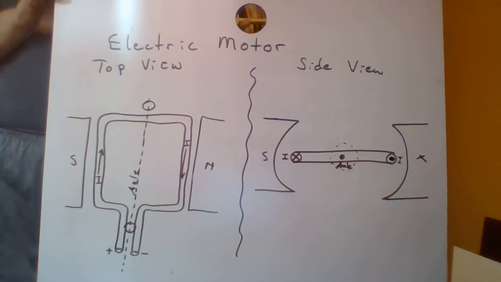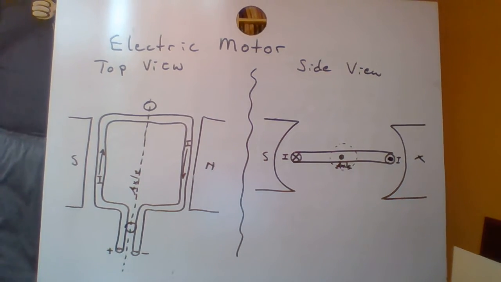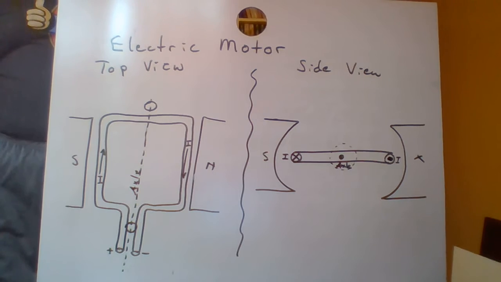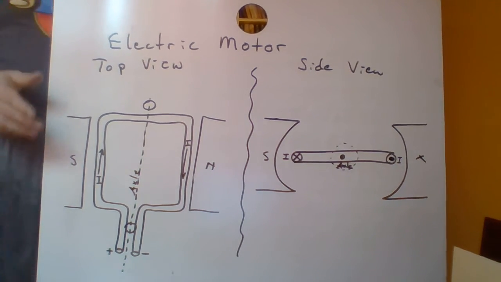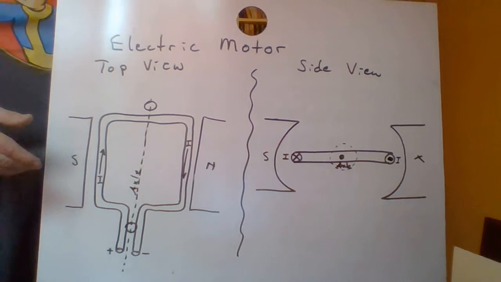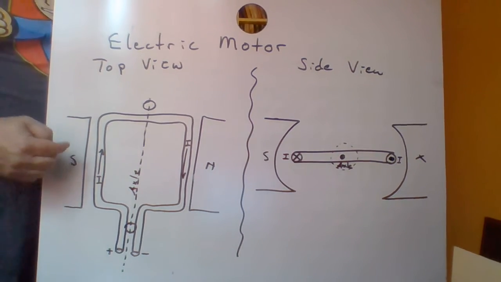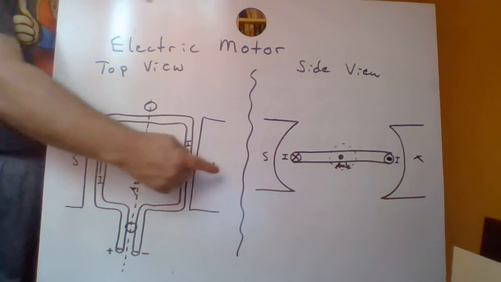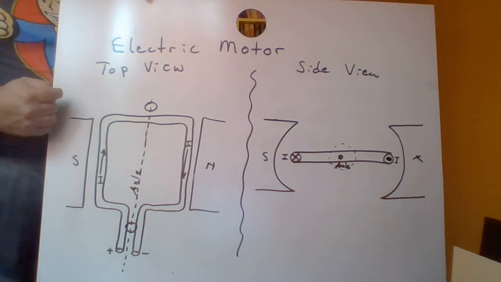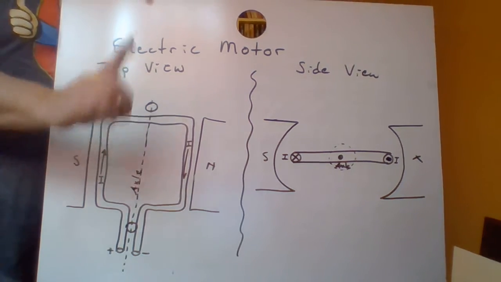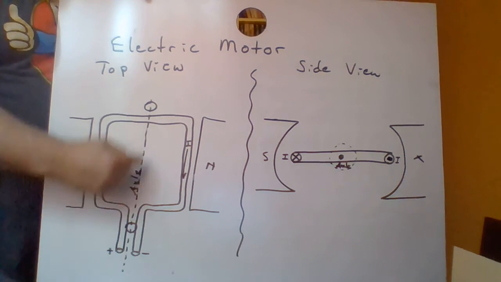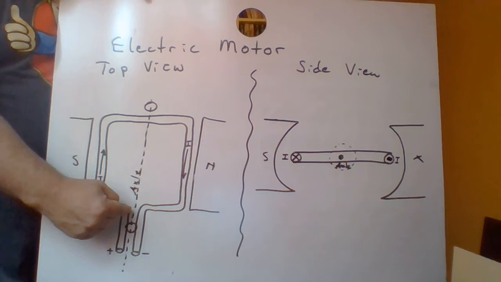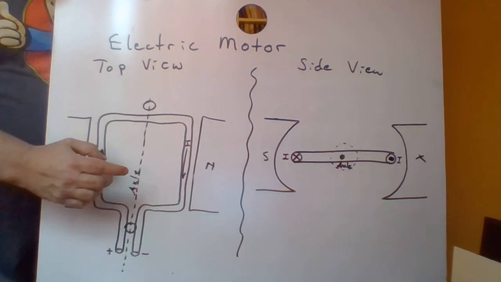This is a very simplified look at what the essence of an electric motor is. The essence of an electric motor is you've got an external field magnet with a wire loop, at least one wire loop, that is on an axle of some sort so that it can rotate.